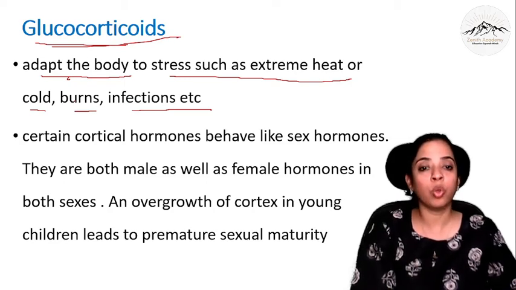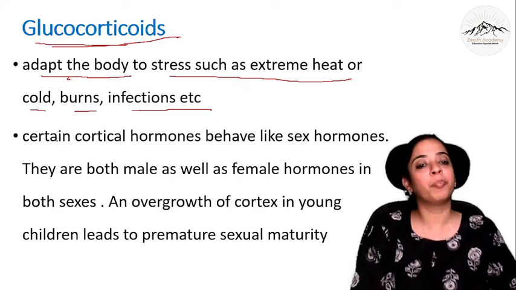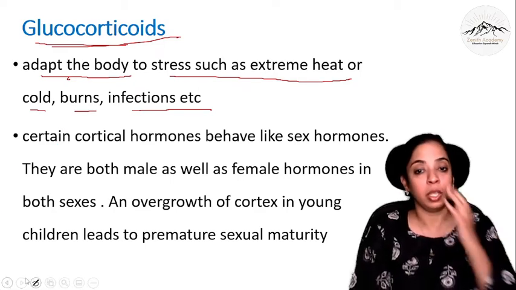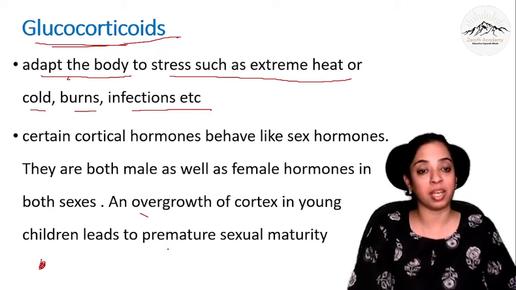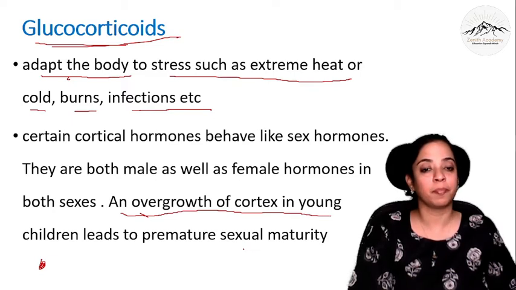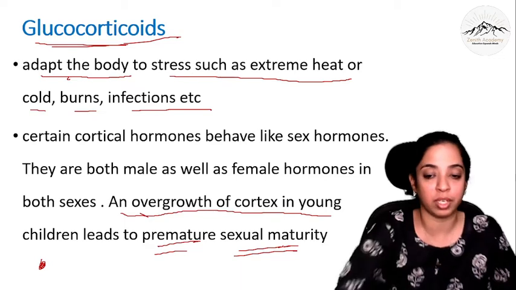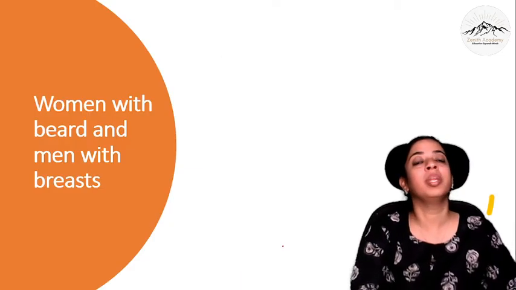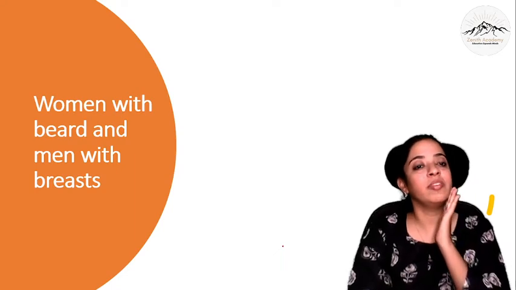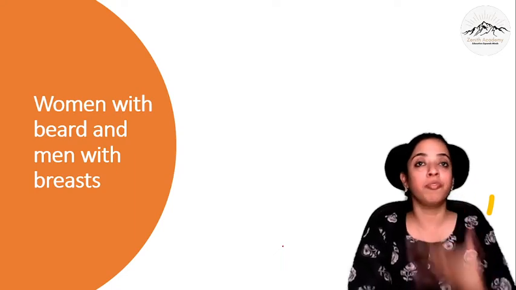And overgrowth of cortex in young children leads to premature sexual maturity. You know that some children become mature really fast. That is because of the overgrowth of cortex in them. Now, you must have seen some women with a growth of hair on the face, not a full-fledged big beard.